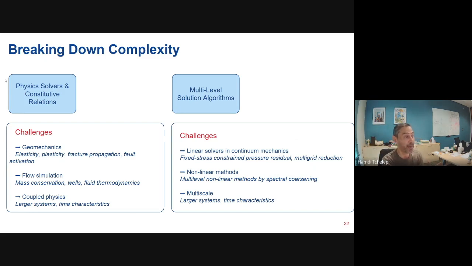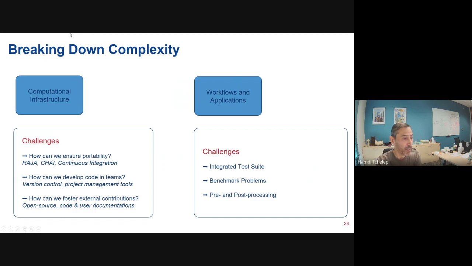So we've paid specific attention to the physics solvers, the underlying fundamental formulations of the constitutive relations, and we've designed multi-level solution algorithms, both at the linear level with things like algebraic multigrid and geometric multigrid, but also at the nonlinear level with multi-scale finite volume and multi-scale finite element formulations and solvers.